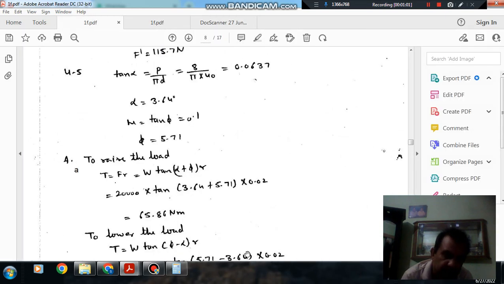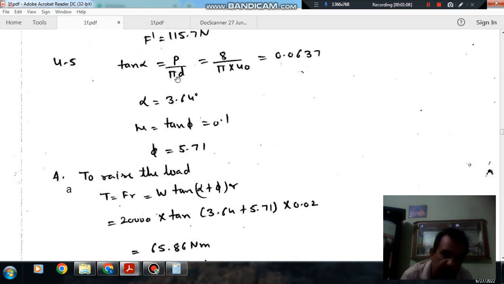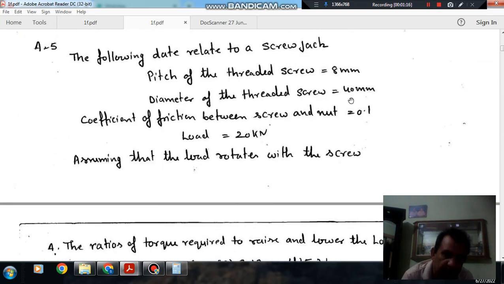So here, tangent alpha or helix angle is given by p by pi d. P is your pitch and d is your diameter of screw. Pitch is given as 8 mm and diameter of screw or mean diameter is given as 40 mm.